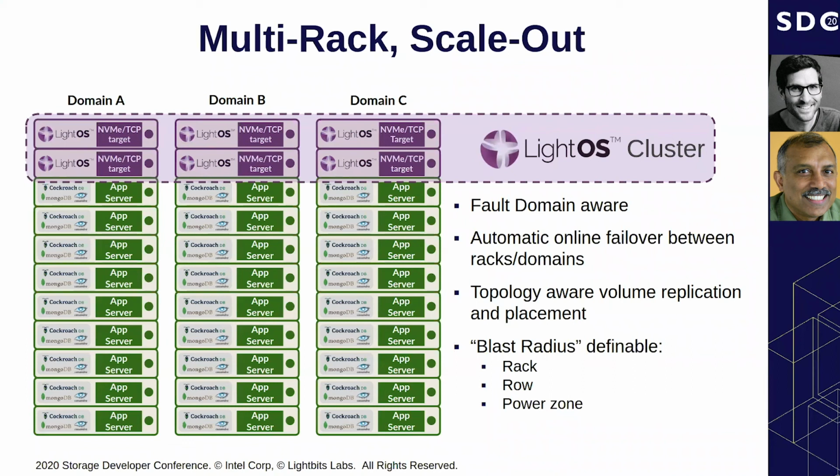That means automatic failover can happen between racks or fault domains, and the volume placement and volume replication strategy is also topology aware. That means the blast radius of complete rack failures or fault domain failures is definable now and can be highly available across that.